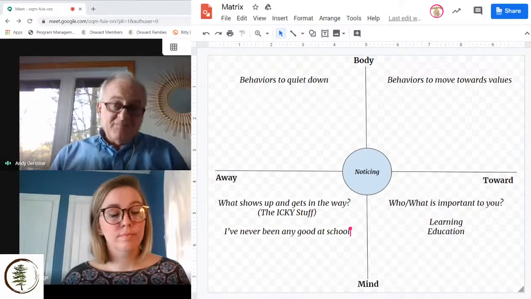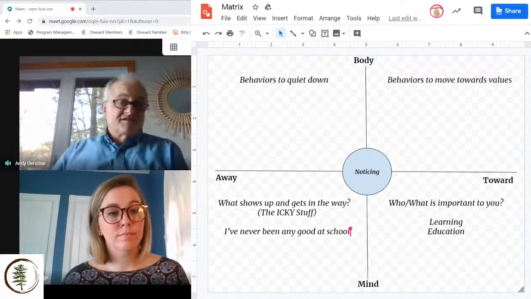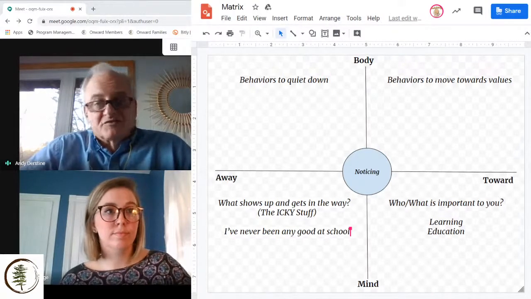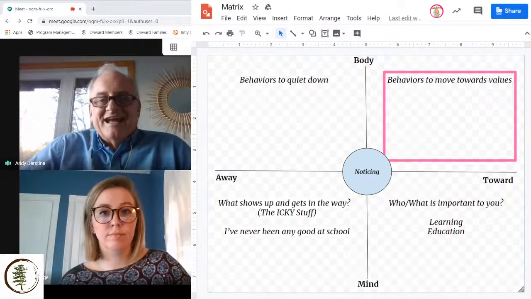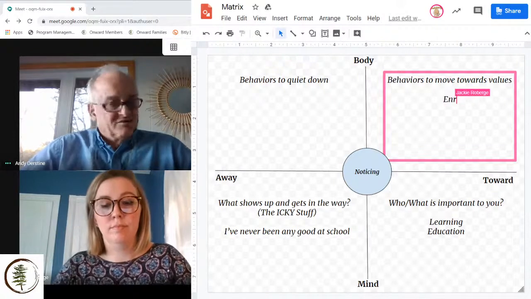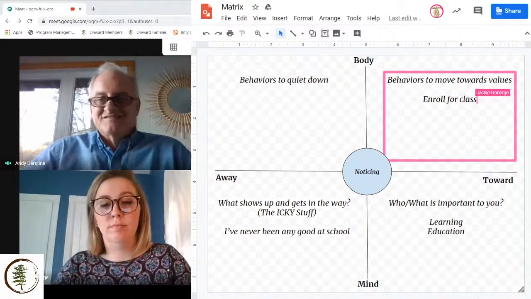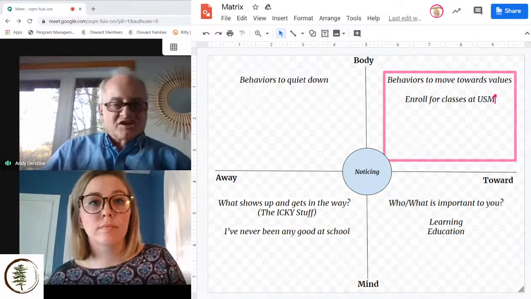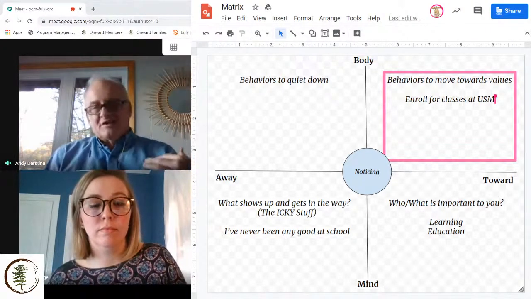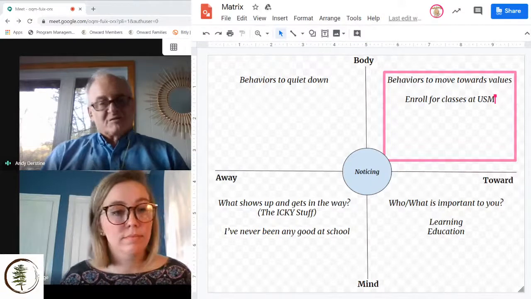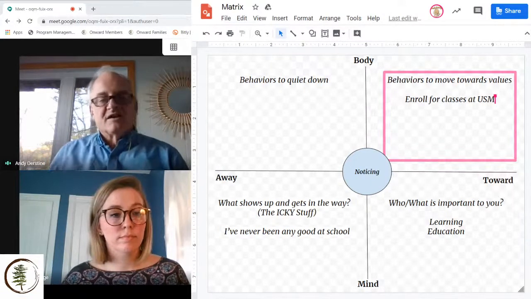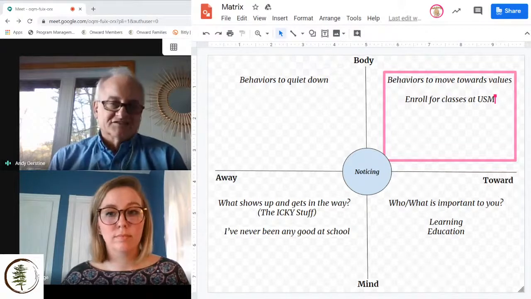And then, the acceptance is, okay, so I'm going to take this committed action and I'm going to enroll for a couple of classes at the University of Southern Maine. And as I'm doing that, it brings up a lot of these yucky feelings, and those yucky feelings I want to shut down, but I'm trying to work with the acceptance that, okay, I'm going to have these difficult feelings and I'm going to keep moving forward with those committed actions.